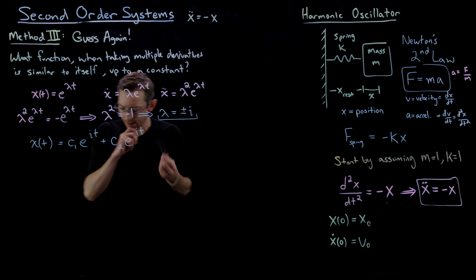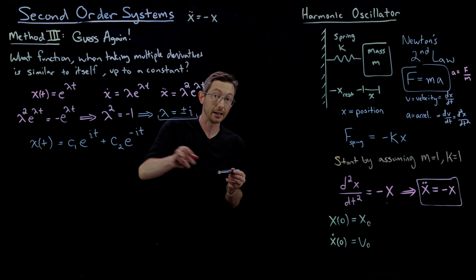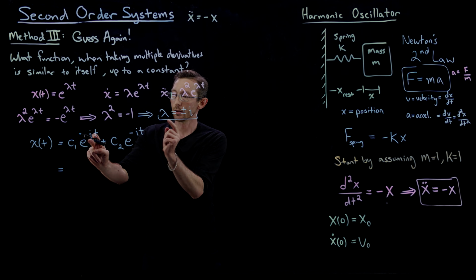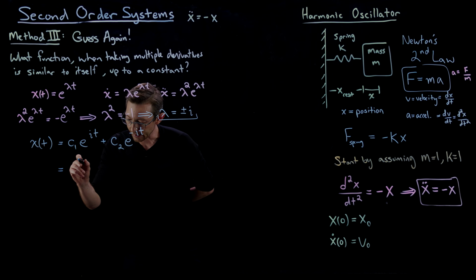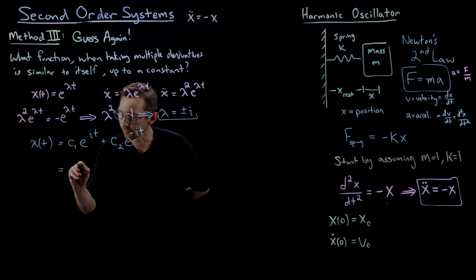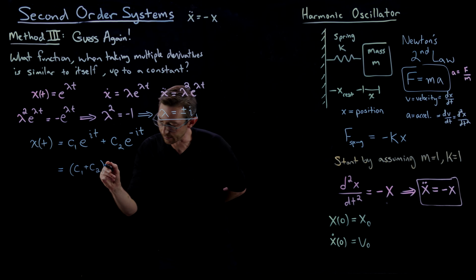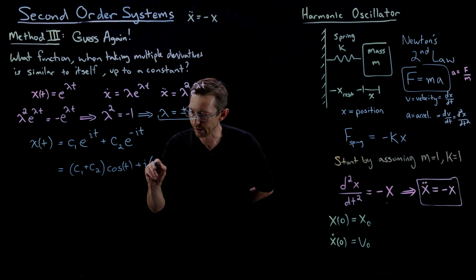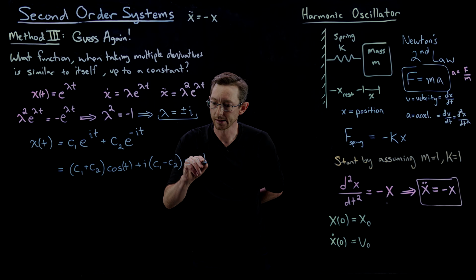So let's do this. Now I know that e to the it is cosine t plus i sine t. And so I can basically write down the real part and the imaginary part. I'm going to get something like c1 plus c2 times cosine of t plus i times c1 minus c2 times sine of t.